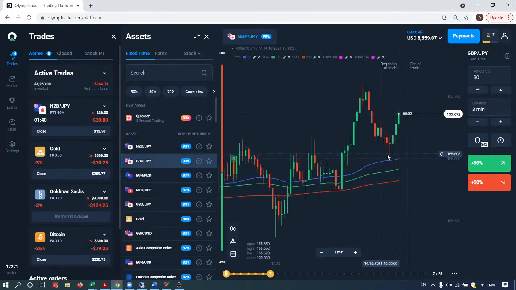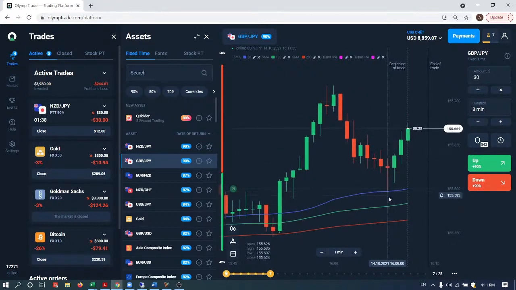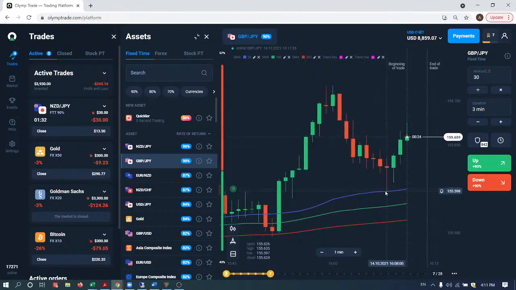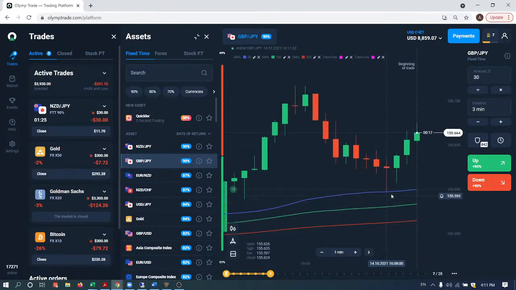All right, so GBP JPY, maybe now a little too late, but as you can see, that was a wonderful setup. Of course, you cannot catch all the trades, so some you're going to miss, but potentially that was an amazing illustration of this strategy.